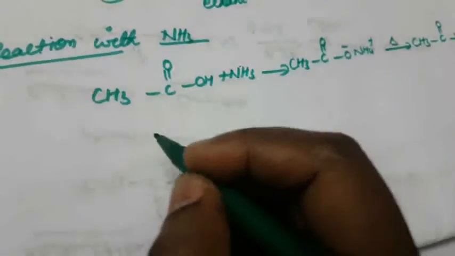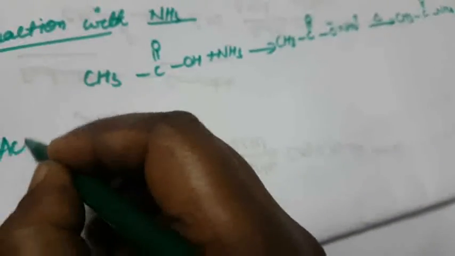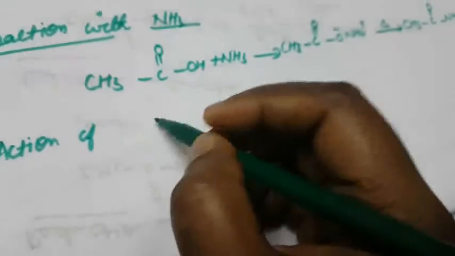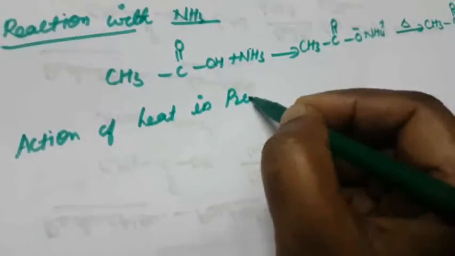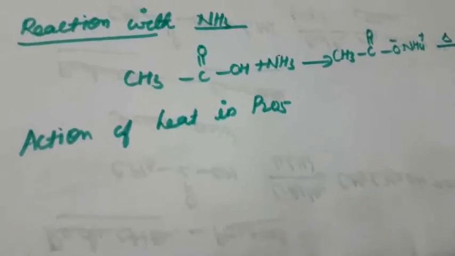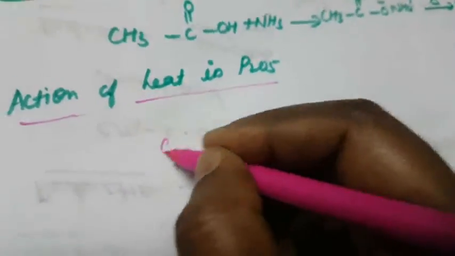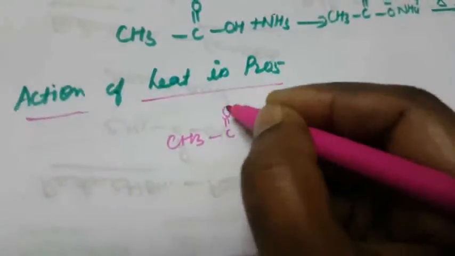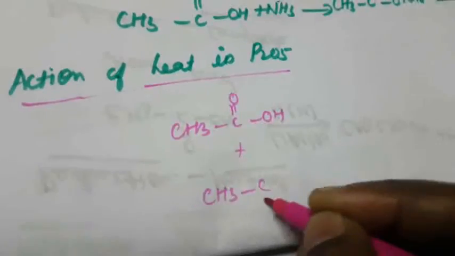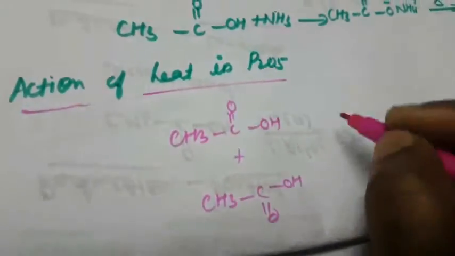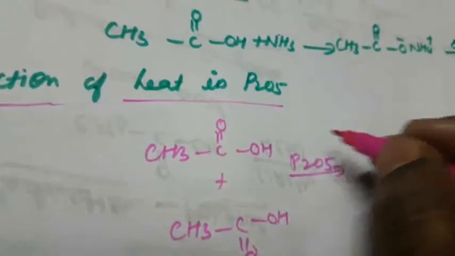So next one, action of heat in the presence of P2O5. What is the equation of this compound? Again acetic acid, CH3, C double bond O, OH, acetic acid. Here another acetic acid, and acetic anhydride will be formed in the presence of P2O5. How will it be formed?